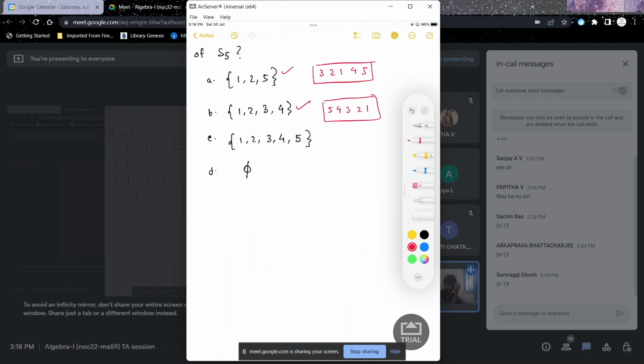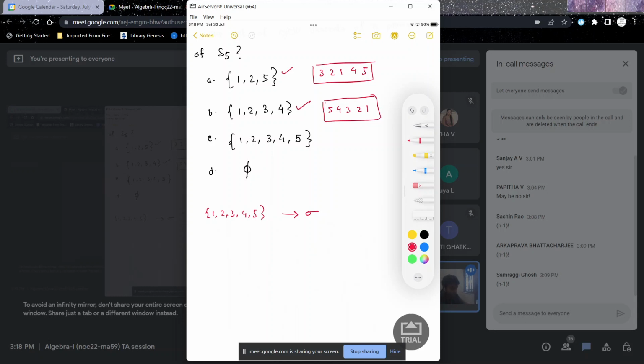Now let's come to the next one, whether 1, 2, 3, 4, 5 can be realized as a set of cyclic descents of some permutation. So assume that indeed there is some permutation sigma whose set of cyclic descents is 1, 2, 3, 4, 5. We show that this cannot be the case. Why?